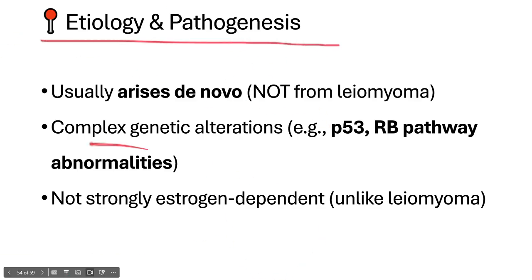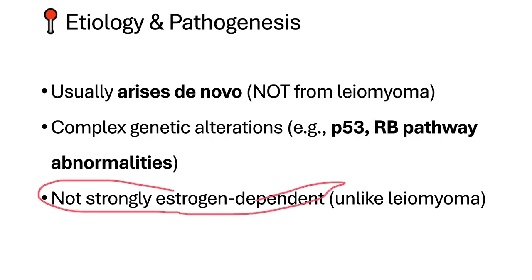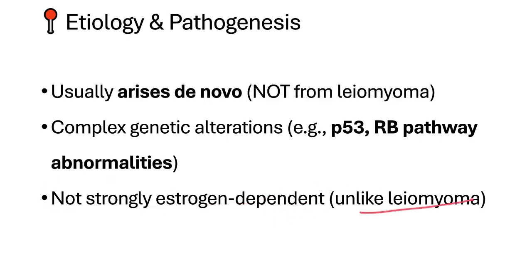Regarding etiology and pathogenesis, leiomyosarcoma usually arises de novo, not from leiomyoma, but rarely it can arise from leiomyoma. It has complex genetic alterations, for example P53 or RB pathway abnormalities, and it does not strongly depend on estrogen, unlike leiomyoma.